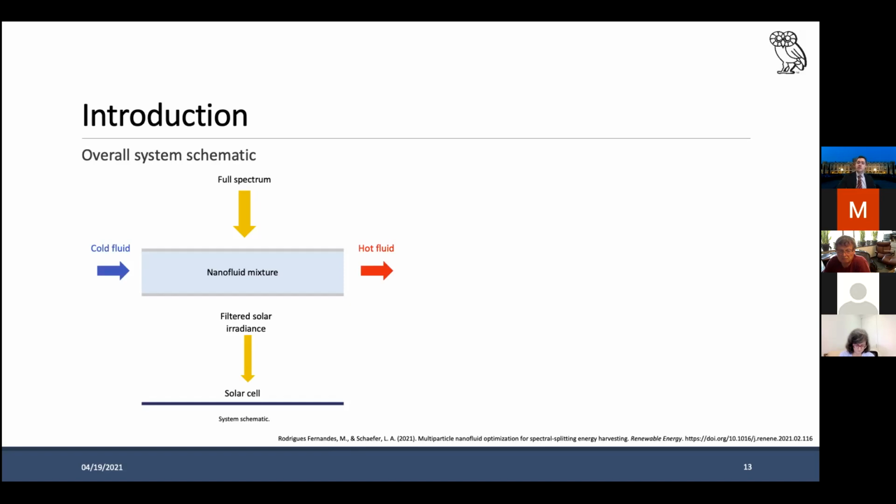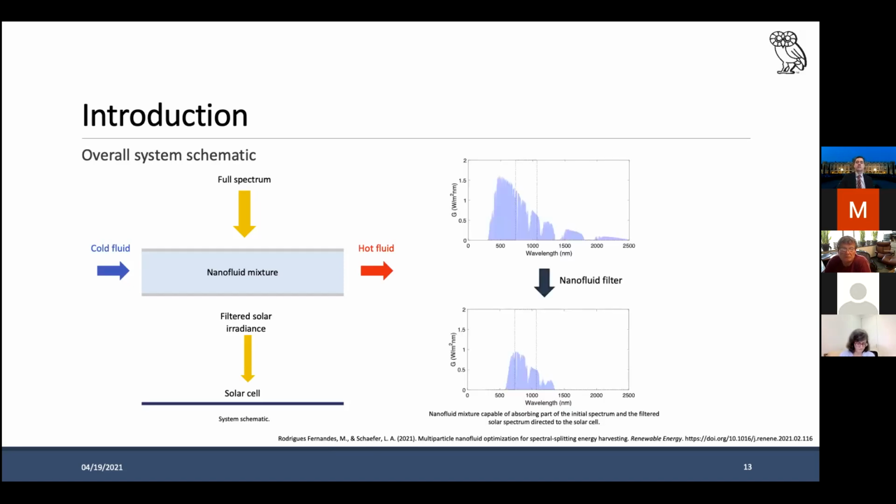The filtered radiation is directed to the solar cells where it will be converted into electricity. The figure on the right-hand side shows the solar spectrum before and after the nanofluid filter, with the unfiltered spectrum on top and the filtered spectrum on the bottom.